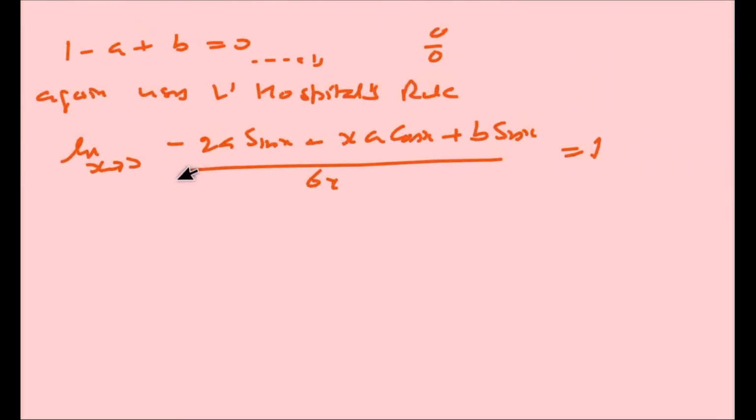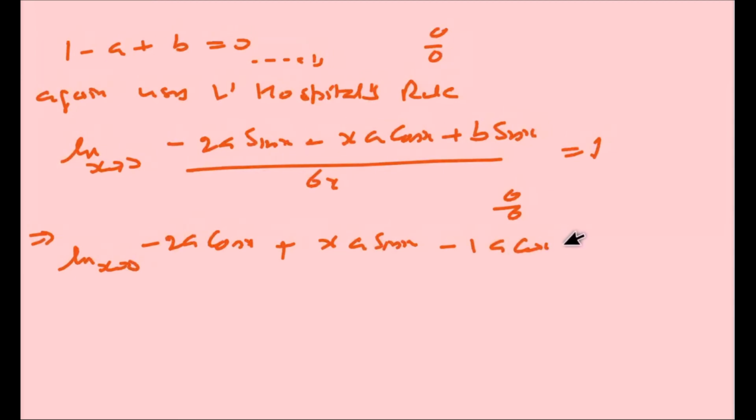Putting the value 0 here, the numerator is 0 and the denominator is 0, so it is again 0 upon 0 form. Again using the same method, we find: minus 2a, the differential of sin x is cos x, and using the multiplication formula we get x a sin x plus minus 1a cos x plus b cos x upon 6 into 1 equal to 1.